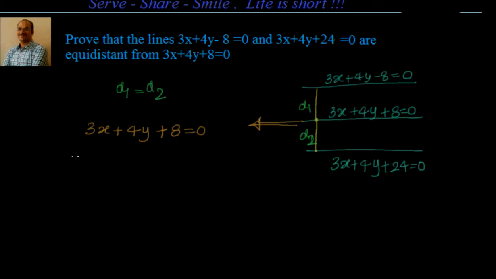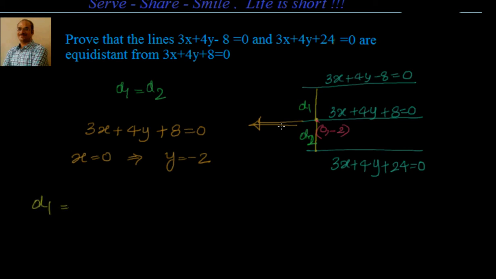That will make it easy for me. So I will say x equal to 0 gives me 4y equal to minus 8, or y equal to minus 2. So we know that (0, minus 2) is a point on the straight line 3x plus 4y plus 8 equal to 0. Now let's calculate what is d1.